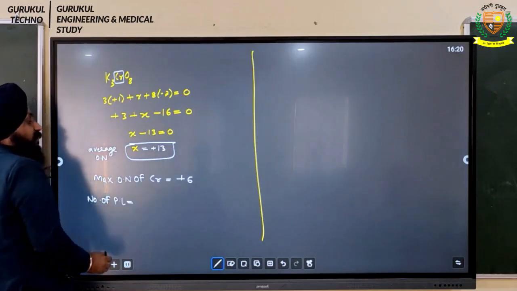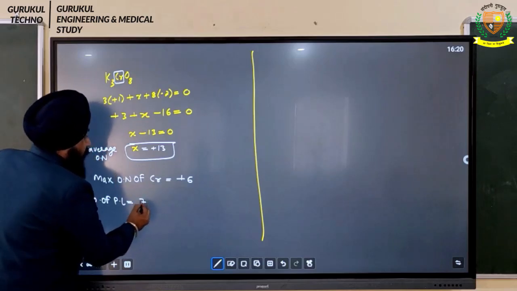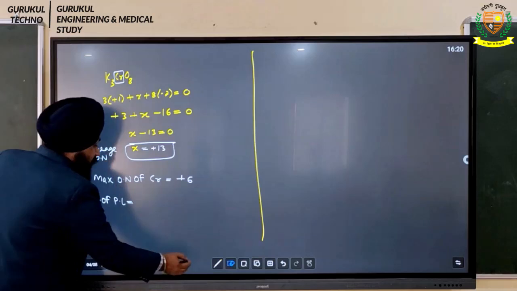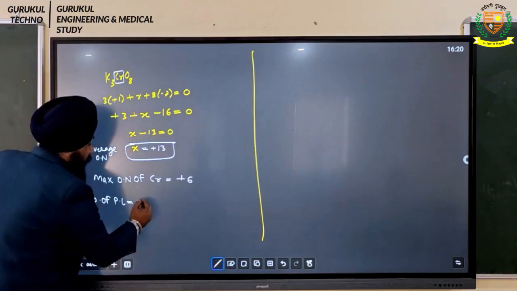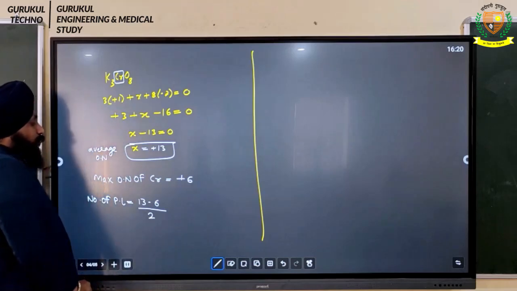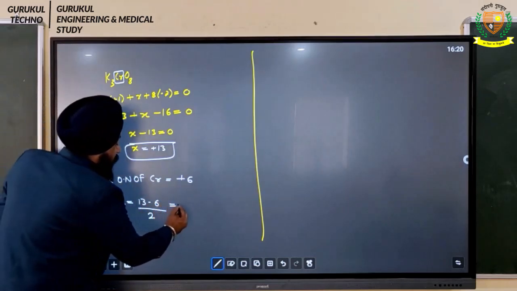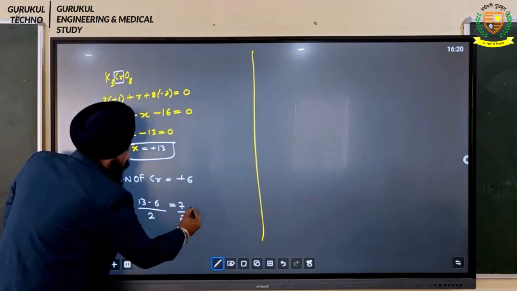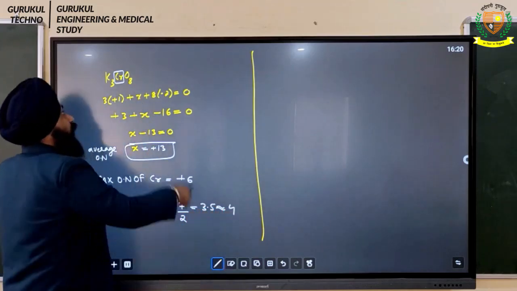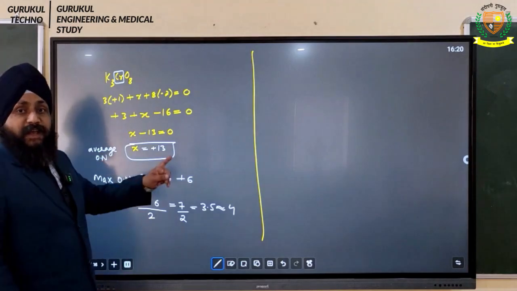The average oxidation number is 13, minus 6, divided by 2. So it will become 7 by 2, which is 3.5, very close to 4, and you know there are 4 peroxy linkages in this particular structure.